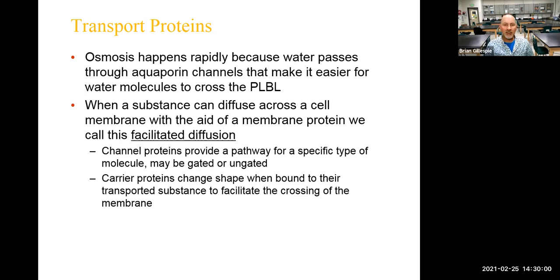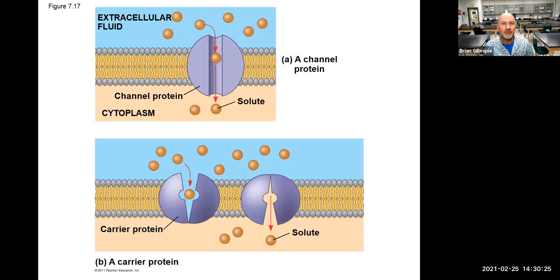These are proteins that actually change their shape only when the substance that they are meant to transport makes contact and kind of fits in against a specific contour of the carrier protein's surface or structure. And then that actual binding causes the protein to change its shape, allowing further passage of that molecule from one side of the membrane to another.